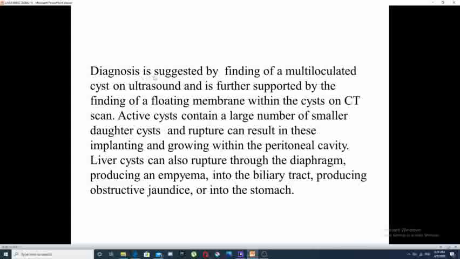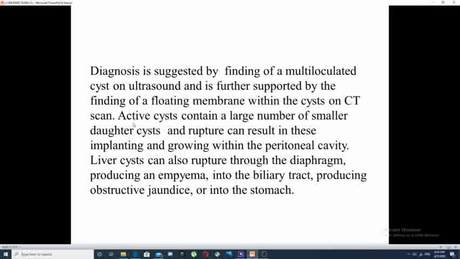Diagnosis of the hydatid cyst is suggested by finding a multiloculated cyst on ultrasound and is further supported by finding floating membrane within the cyst on CT scan.